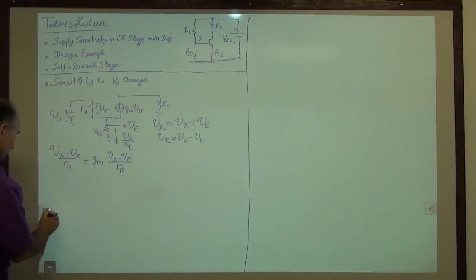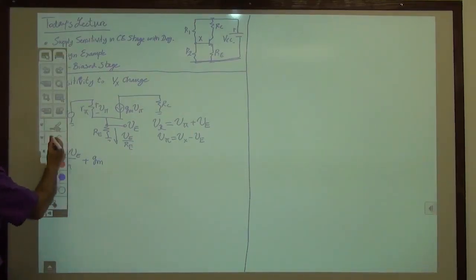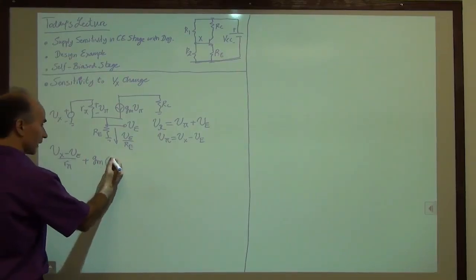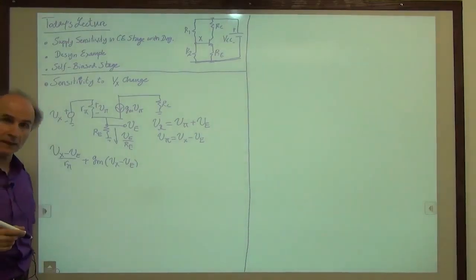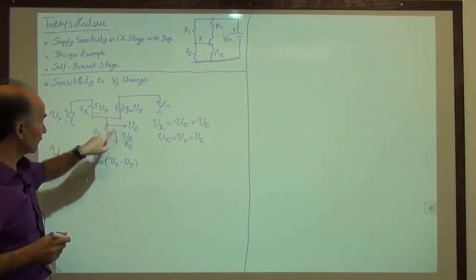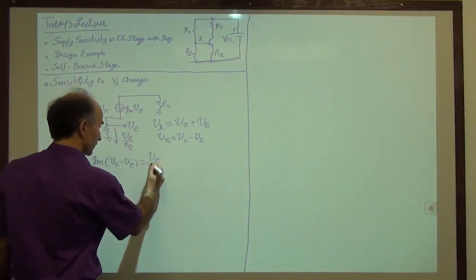Oh, I'm sorry, no, that's wrong. I just need to write Gm times V pi. So Gm times Vx minus VE, that's that current. These two currents have to add up to this current. So that's equal to VE over RE.